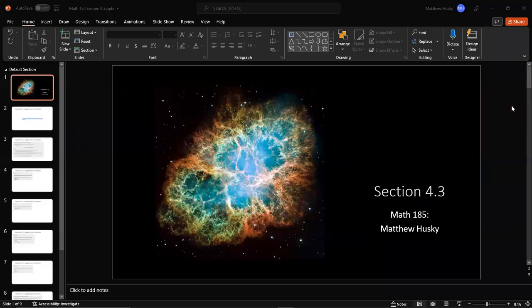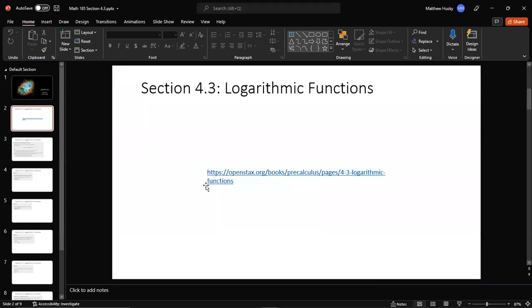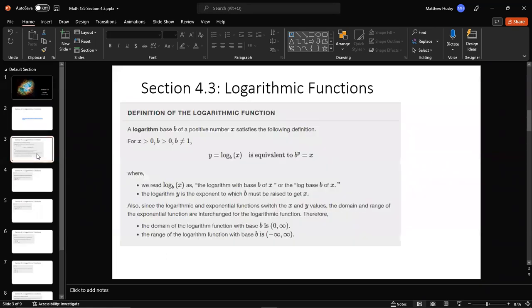Now we're going to start talking about section 4.3. This is going to be about something known as logarithmic functions. So what is a logarithm?